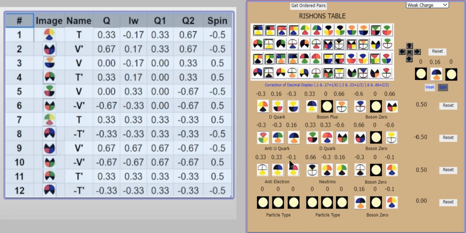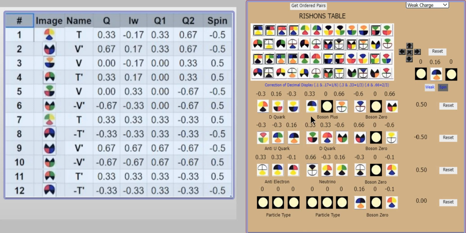So here on the D quark, which is now a right-handed spin D quark, we have a weak charge of plus 1/3 and minus 2/3, which is 0, which is correct for the right-handed particle.